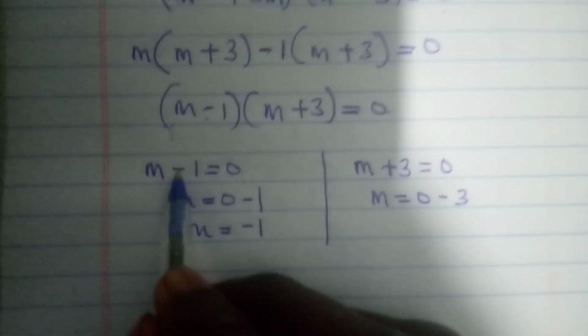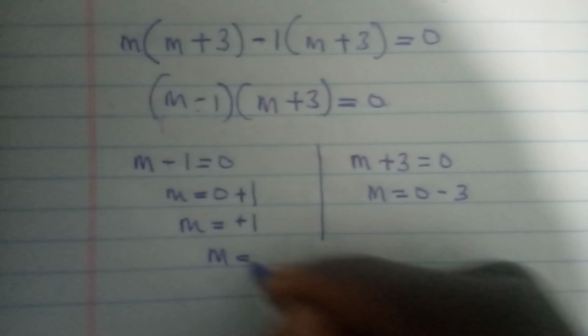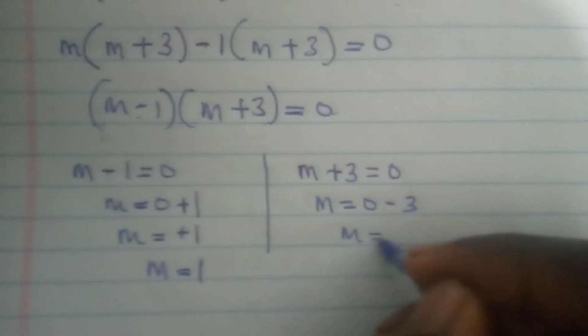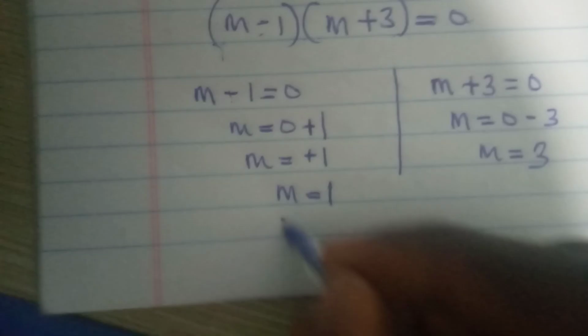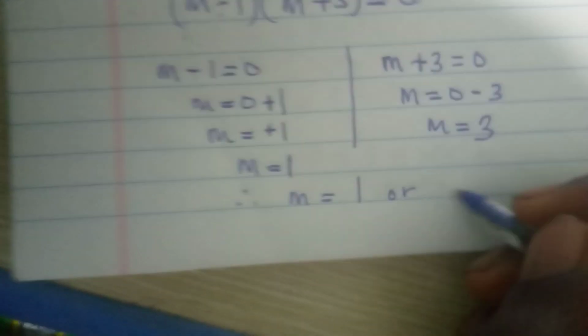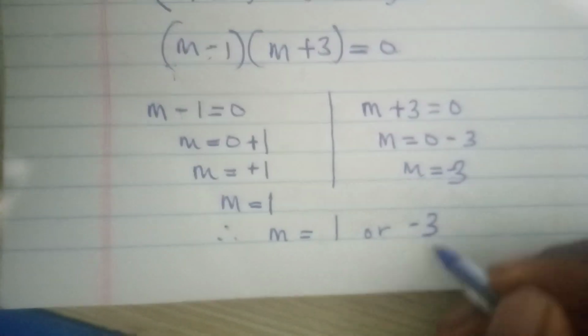Sorry, when this sign crosses, it's going to be positive, so we have +1. Sorry for that. This one crosses, it's going to be negative. So m is equal to -3. So what were we asked? We were asked to find the values of m. So we say therefore m is equal to 1 or -3.